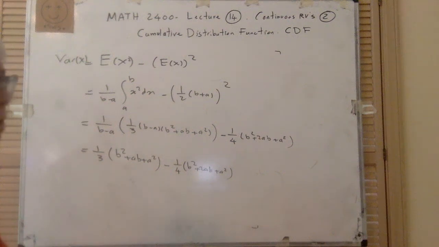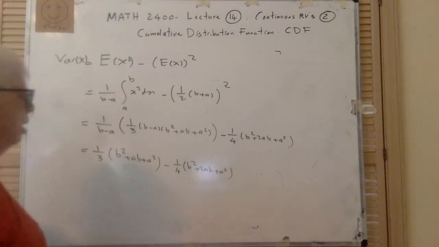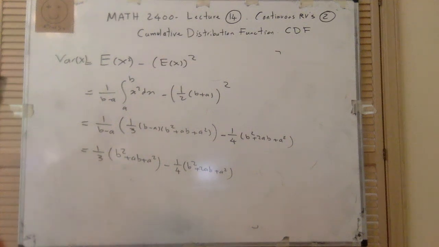So when you simplify this, you will get the variance of the uniform distribution on (a, b). When you put all these things together, you will get a nice formula.